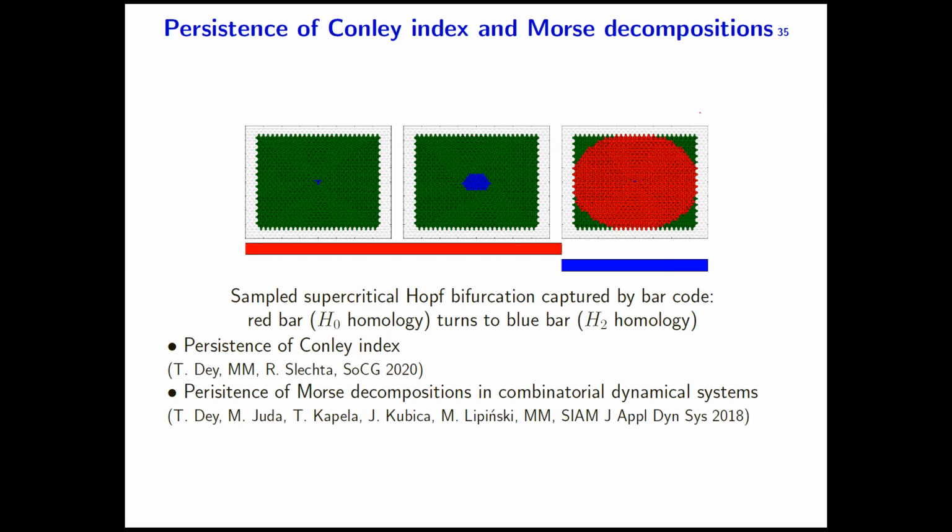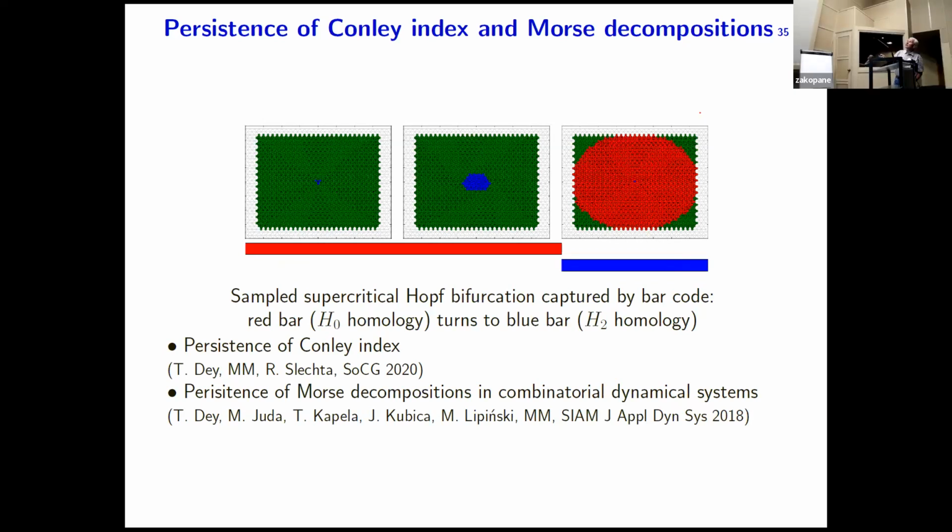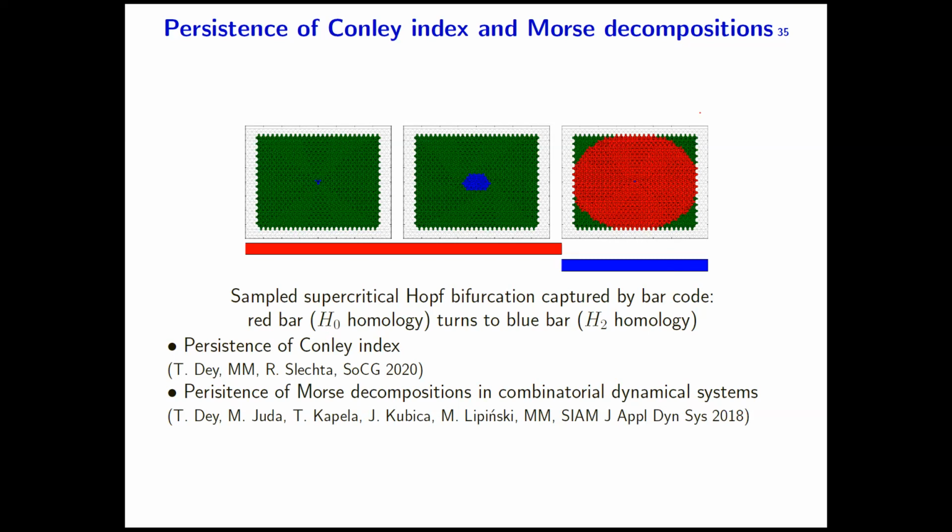I probably mixed them up. Yes, the H2 homology. So this is a repelling fixed point here. You no longer see here the periodic trajectory. The maximal invariant set is just the fixed point, but it's repelling, so its homology is H2.